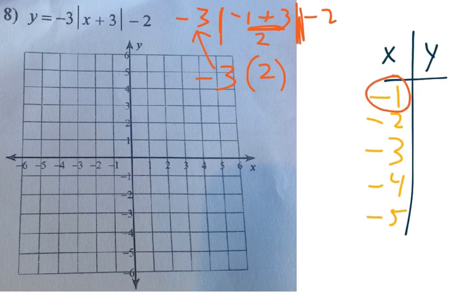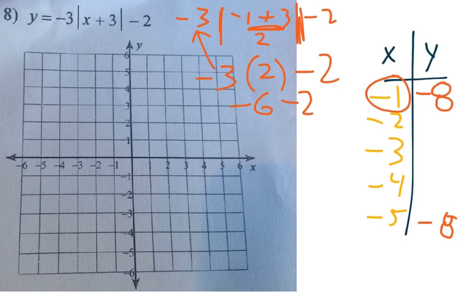And I'm going to times it by -3, and then after that I'm going to still minus the 2 at the end. So -3 times 2 is -6, minus 2 is -8. Now, we talked about symmetry in class, so since I know that's -8, I know this one at the other end is going to be -8 because absolute values are symmetric.